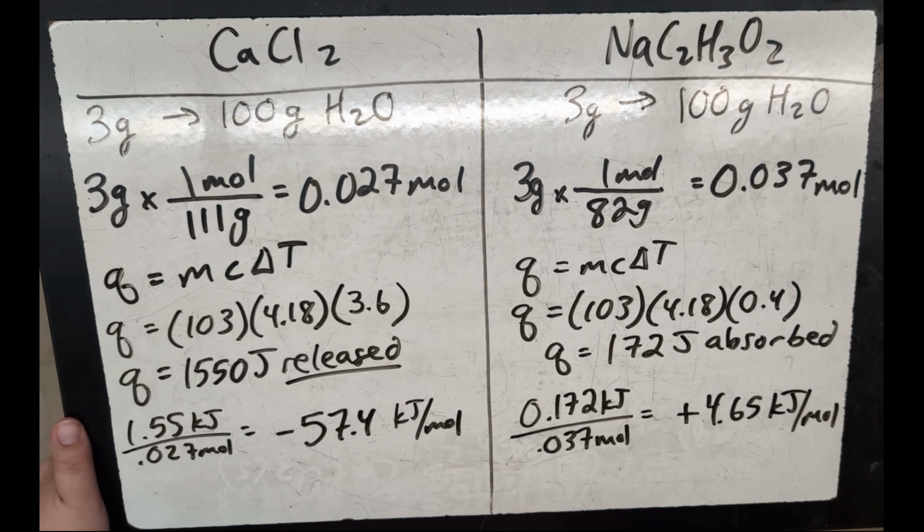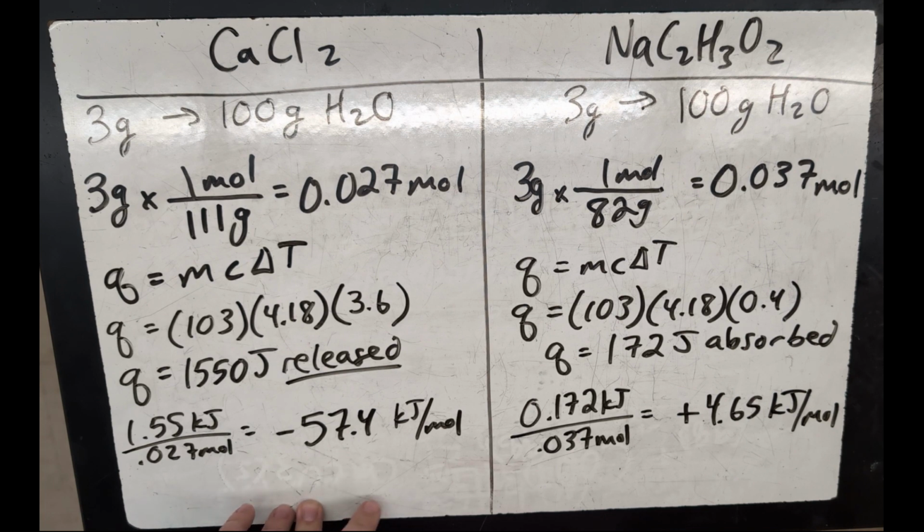Of course, you really want to talk about the most important source of error, which is heat loss to the calorimeter itself or to the surroundings. So especially when you have an exothermic process like this, when it is dissolving and releasing heat, some of that heat will get into the calorimeter itself.